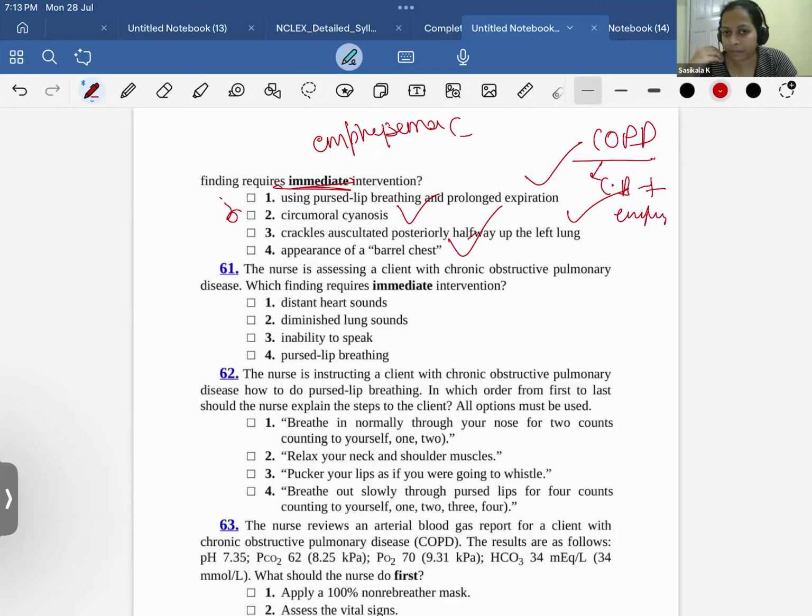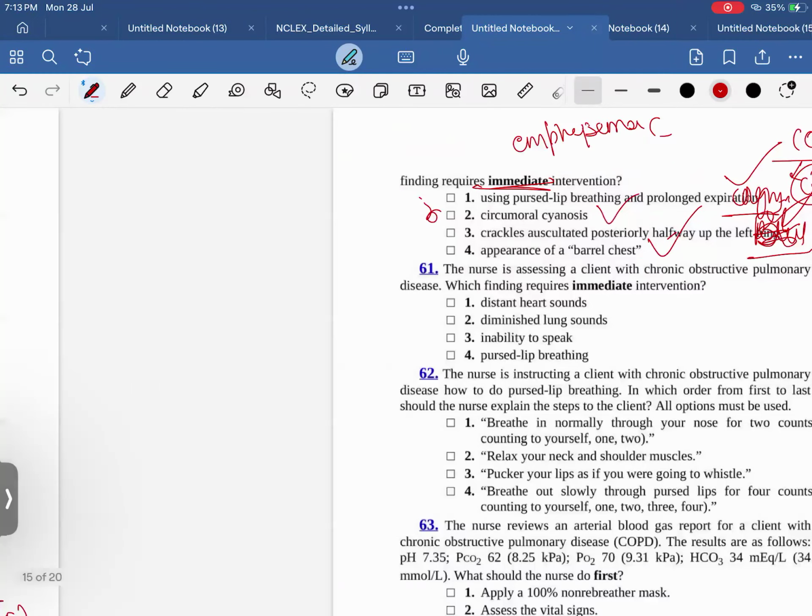This is your COPD. Very clearly, I have explained this. What is chronic bronchitis? Blue bloaters, cyanosis, and weight gain. What is emphysema? Bulla formation, coughing. Yes or no? Did you forget this?